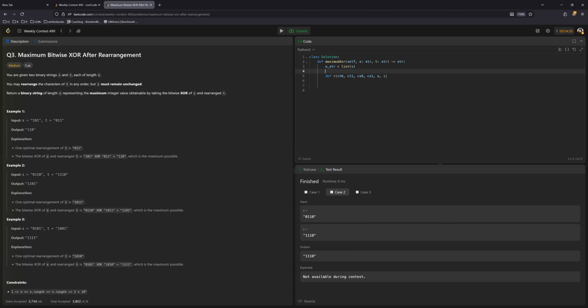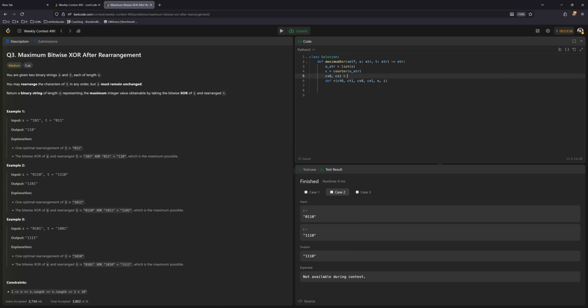Yeah, and then CS of 0, CS of 1 equals, well, just say C equals counter of OSTR.